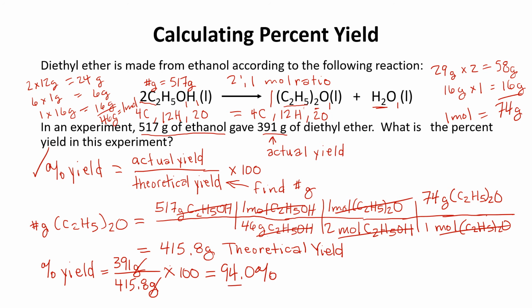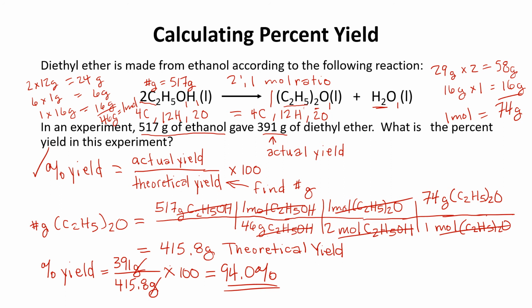And this, my friends, is the percent yield for this reaction. So whenever you are calculating the percent yield, it's the actual yield divided by the theoretical yield times 100.